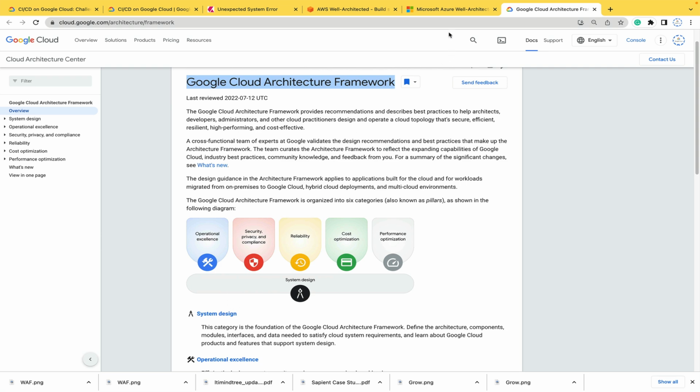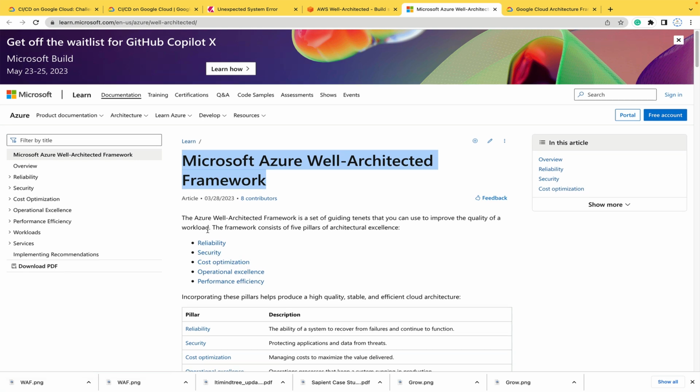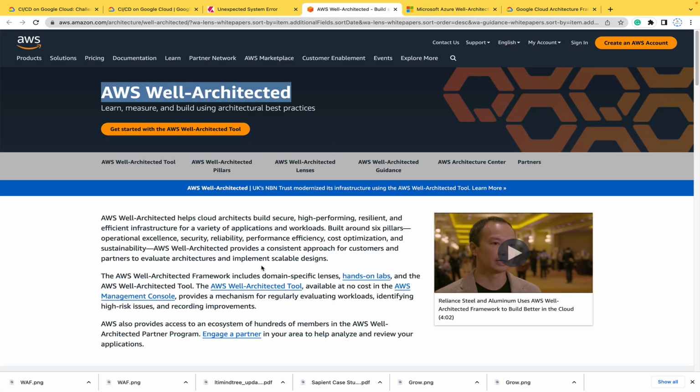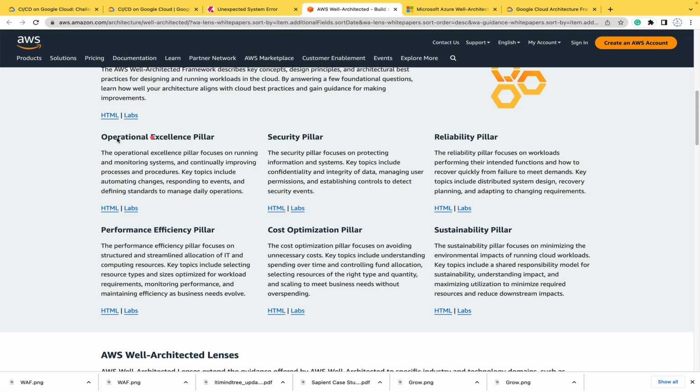Similarly, this method is applicable for Microsoft Azure as well: reliability, security, cost optimization, operational excellence, performance efficiency. And similarly in AWS, the same thing you have to follow: the operational excellence, security pillar, reliability pillar, performance efficiency pillar, cost optimization pillar.